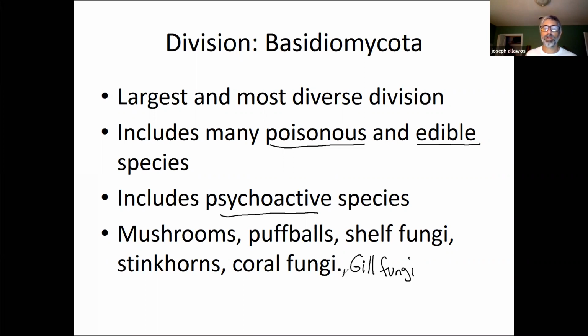Okay. I'll tell you that, and we're going to do the life cycle in detail, the structure that's formed during sexual reproduction in the Basidiomycota, as you might guess, is called a basidium. And so you're going to see this word again.